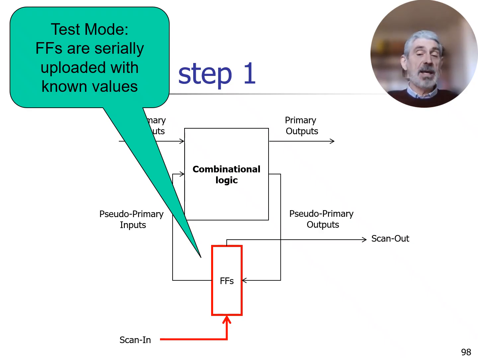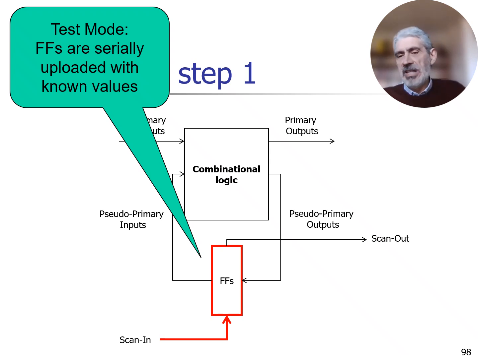Now the flip-flops form a shift register, and acting on scan-in and on the clock, I will shift in the bits corresponding to the values I want on the pseudo-primary inputs in order to test my fault into the flip-flops. At the end of this phase, the flip-flops will hold the values required to test my fault. And these values will feed the pseudo-primary inputs of my combinational logic.